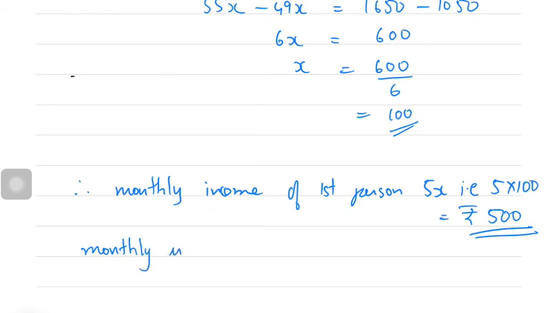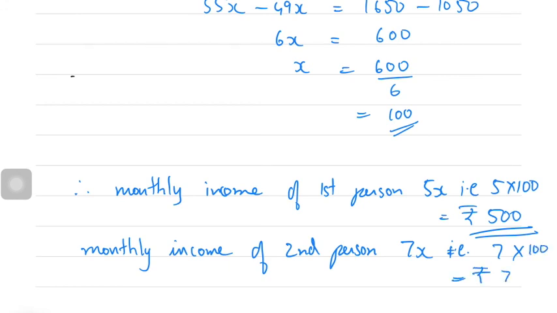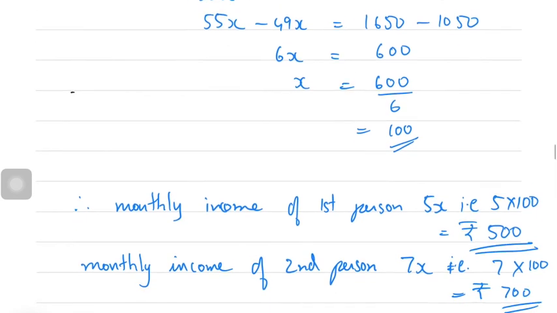And the monthly income of the second person, which is 7x, that is 7 into 100, is equal to rupees 700.